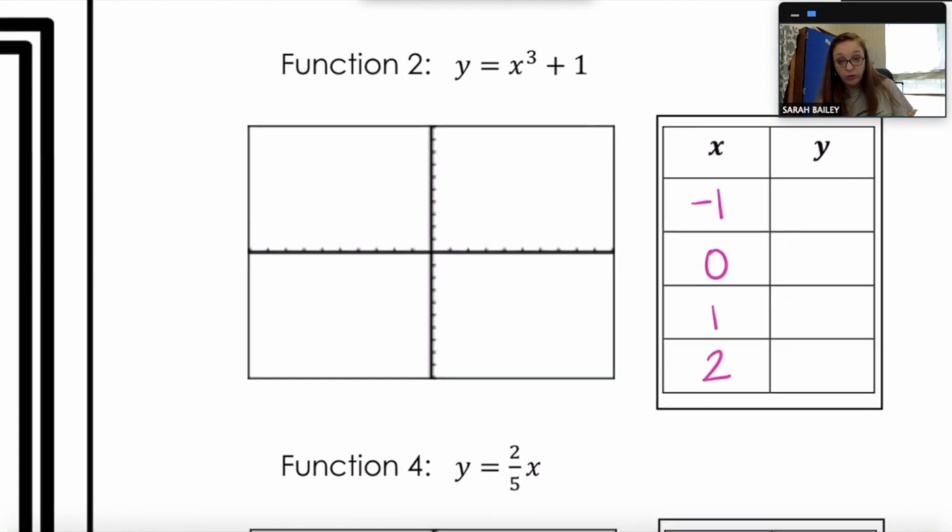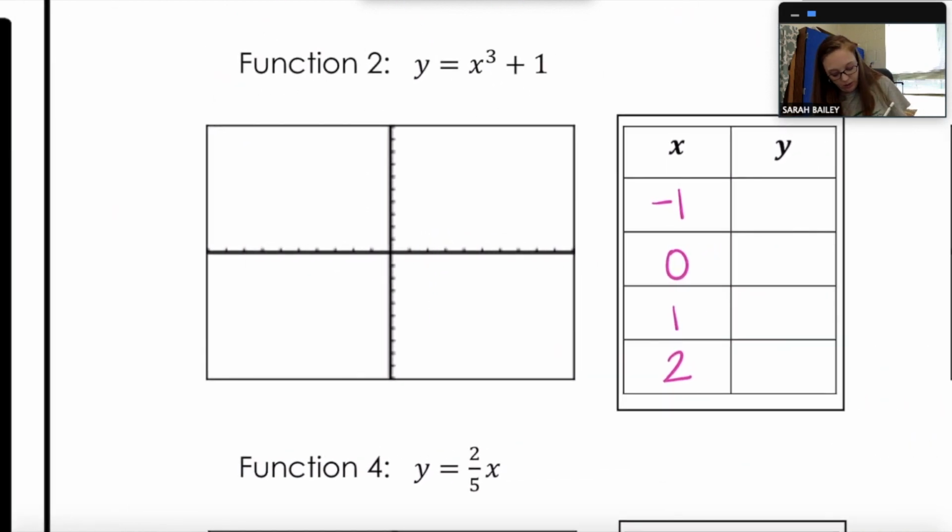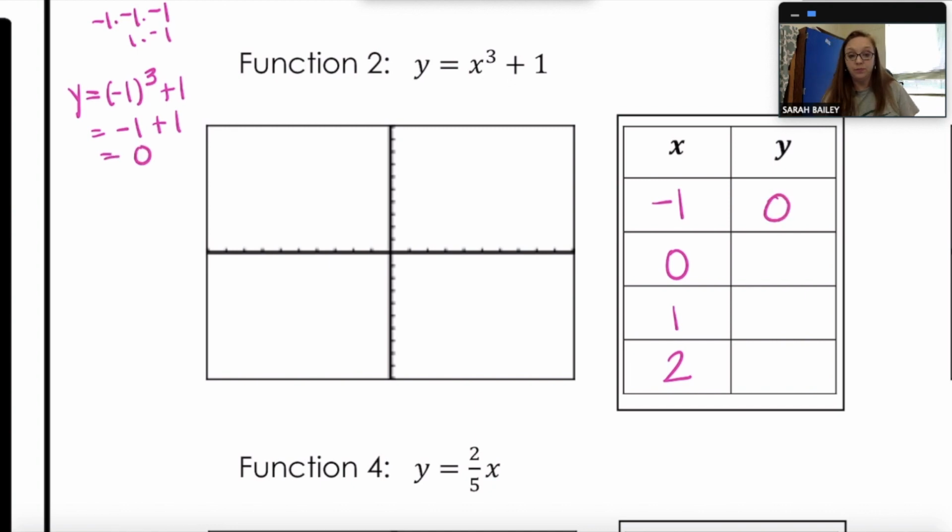I'm going to come over here on the side and substitute. y equals negative 1 cubed plus 1. Negative 1 cubed means negative 1 times negative 1 times negative 1, which is 1 times negative 1, negative 1. So it's negative 1 plus 1, which is 0.